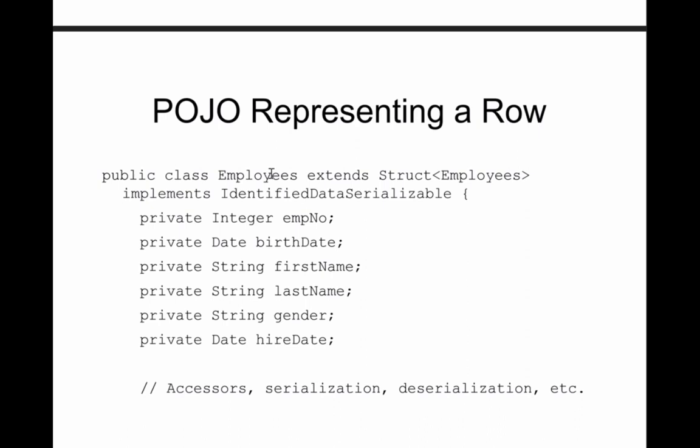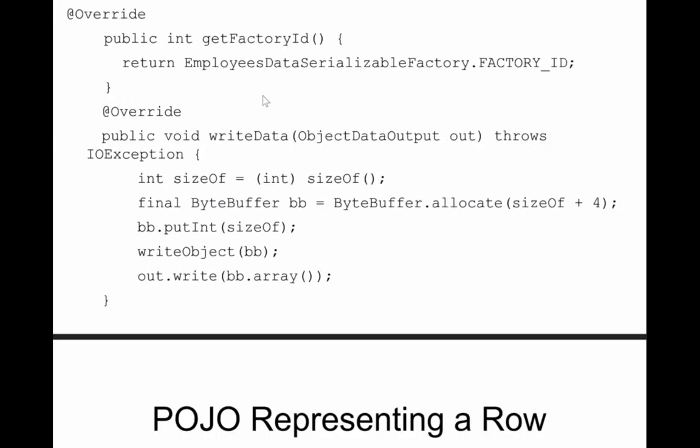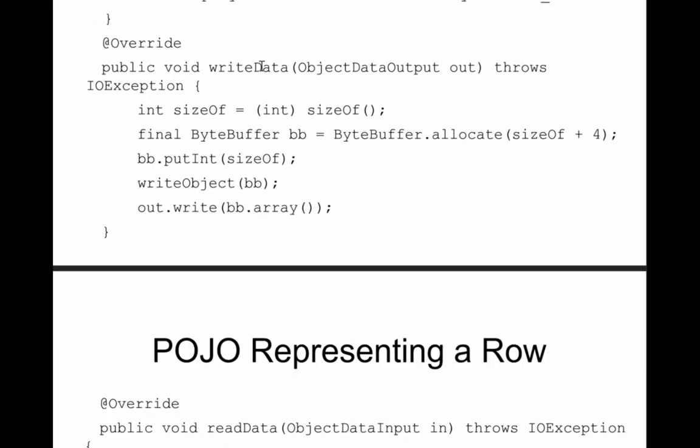They are pretty straightforward. Under the fields, we see 3 methods that are related to the Hazelcast identified data serializable as well. Like this, you get a factory ID, and that's basically delegated from the generated serializable factory. You have write data that basically handles an integer of the length and then just calls Speedment's native serialization.